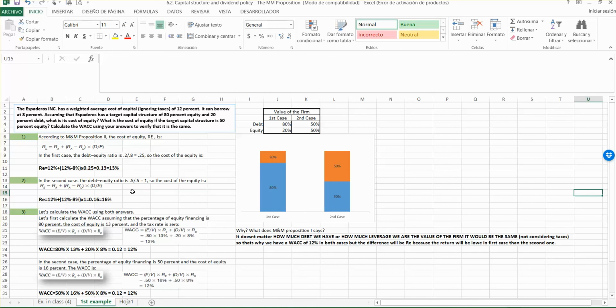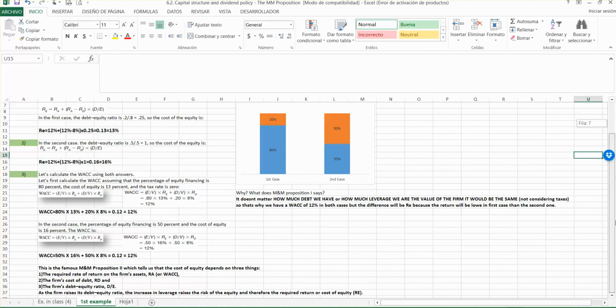That's why we have 13% on our return on equity, because most of the value is equity. But if we have 50% equity and 50% debt, the investors will require a higher percent, because they have more risk.